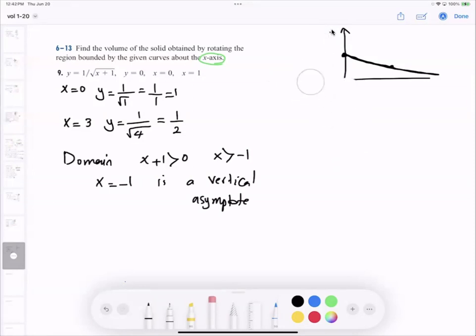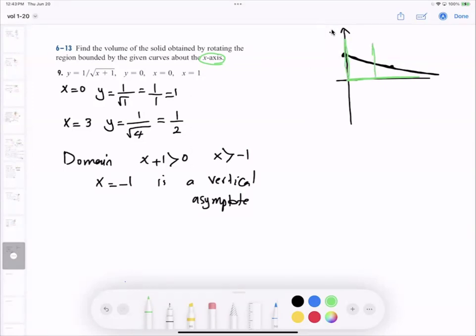So let's just skip this part. We don't need this, and just look at the positive part of this function. Very good. Y is equal to 0, so basically you have your x-axis, and then x is equal to 0, which is your y-axis, and then you have x equals 1.